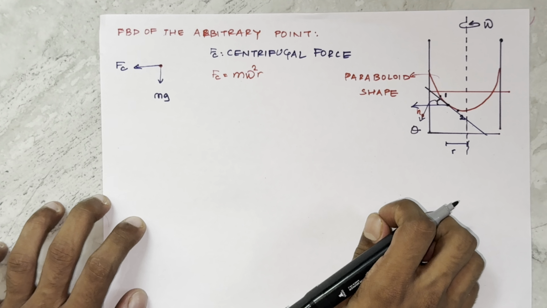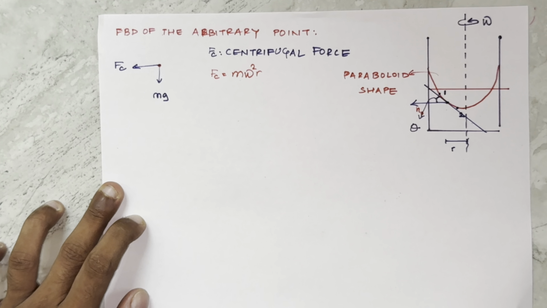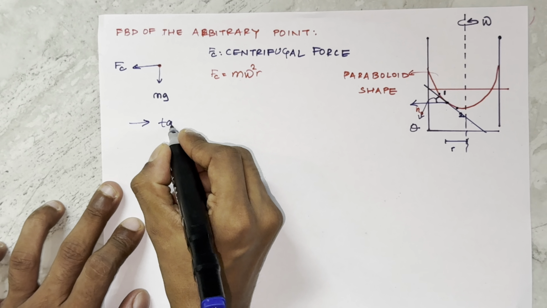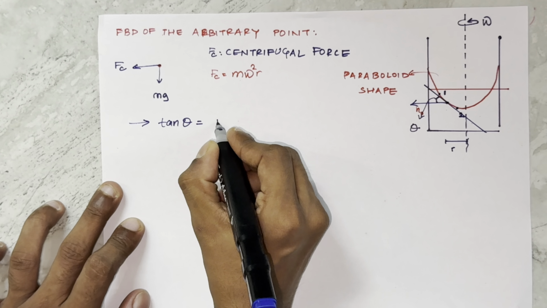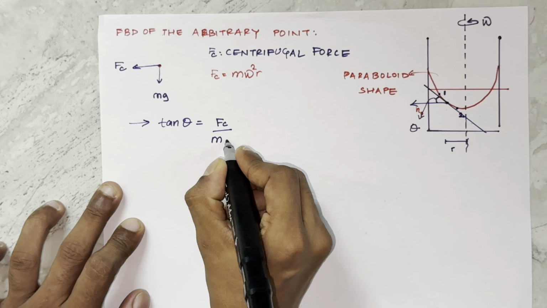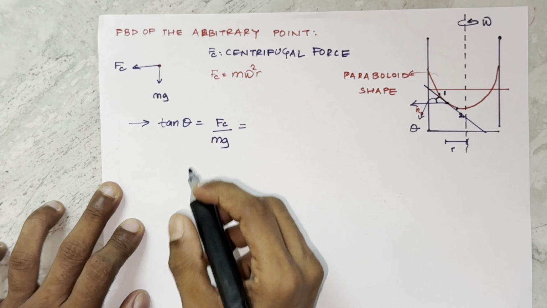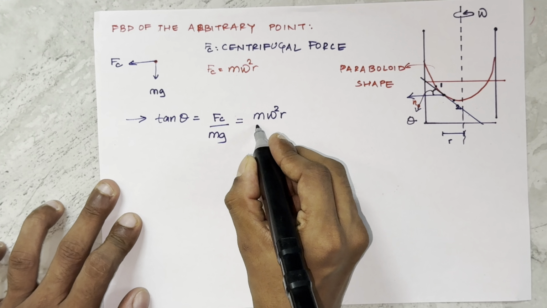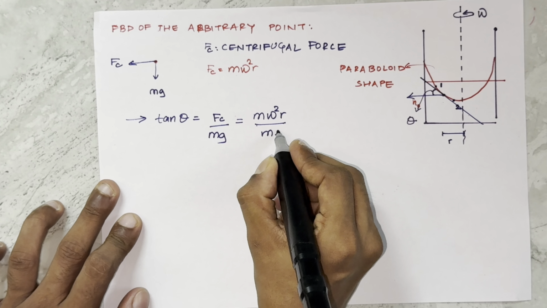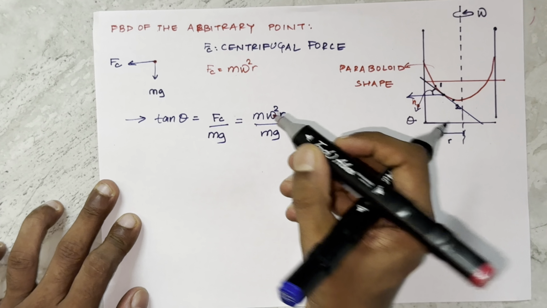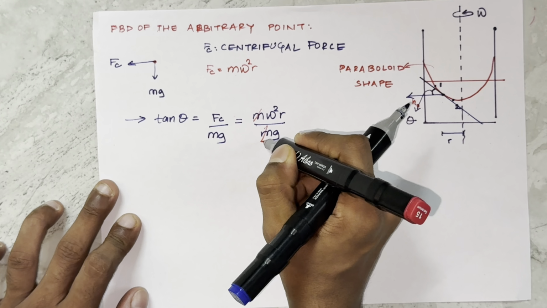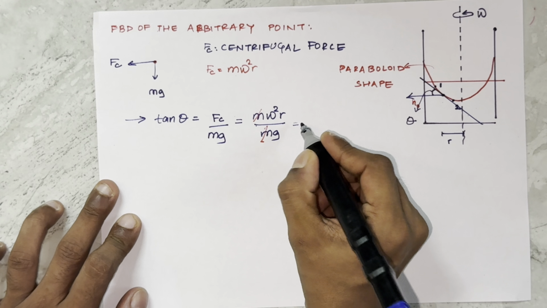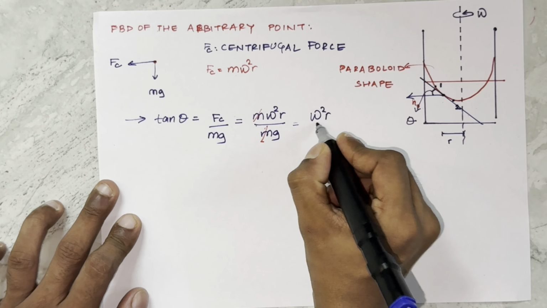Looking at the geometry, we can write tan theta equals Fc over mg. If we put in the values, Fc is m omega square r over mg. The mass cancels, so we are left with omega square r by g.